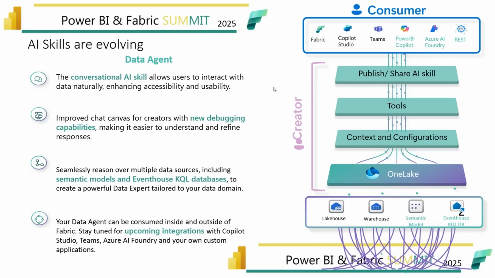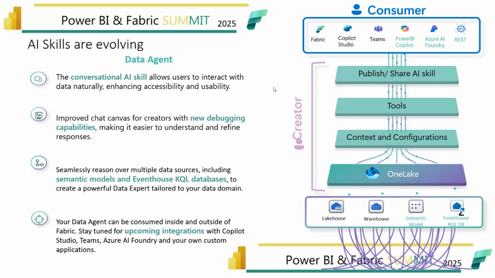thing. It's not just that I get the AI skill, I create the artifact in my Microsoft Fabric environment, and that's all. You're going to be able to go to a notebook in Fabric and call the AI skill via SQL endpoint. But also, the powerful thing here is I'm going to be able to connect my AI skill and expose the AI skills and connect that via Copilot Studio.